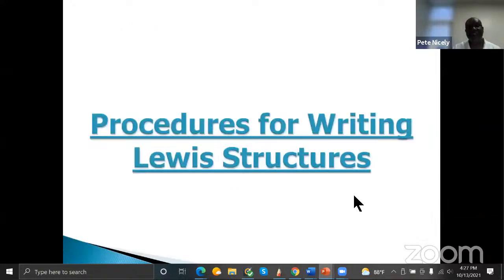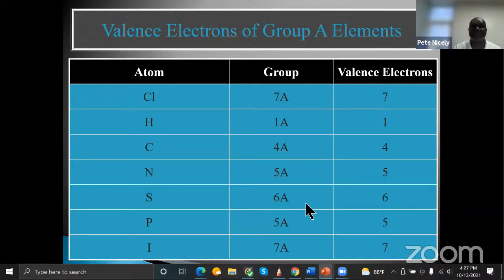Okay, so let's talk about the procedures for writing Lewis structures. So we're going to go through stepwise. So the first thing we need to identify is the group numbers for the different elements involved. And the reason why is because the group numbers will give you the number of valence electrons of the different atoms in the formula.